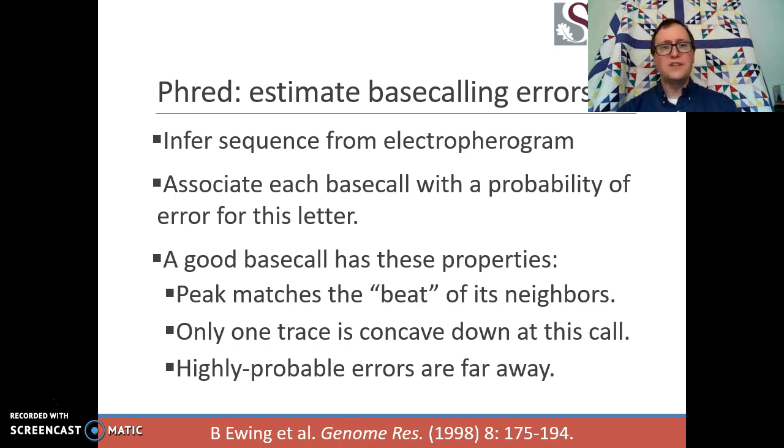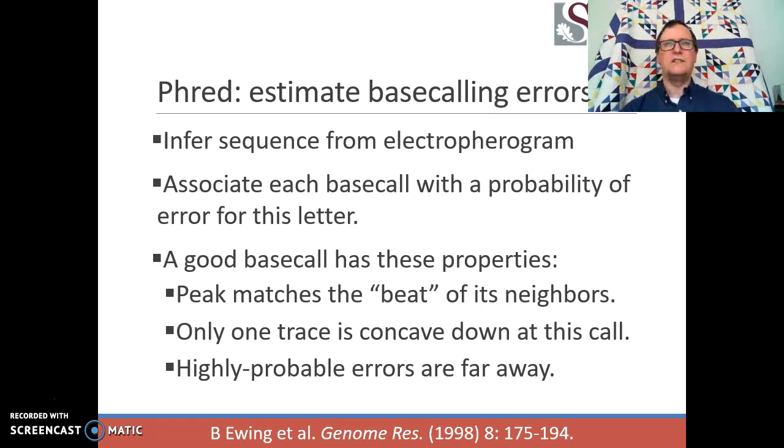Phred is designed to estimate base calling errors when working from electropherograms like this. So once you've got a sequence associated with an electropherogram, you need to be able to put a probability of error on each position. I'm going to talk about three different properties that we expect for the quality of a particular location to be really solid.